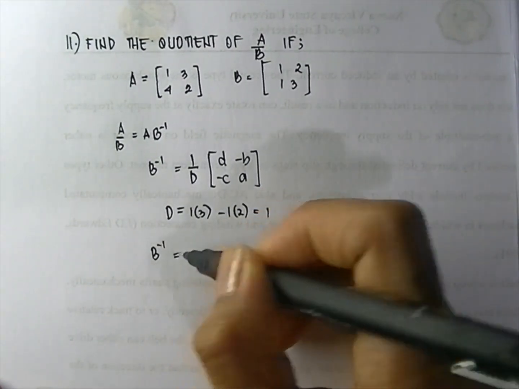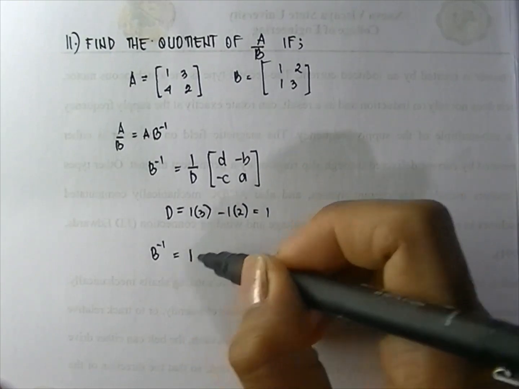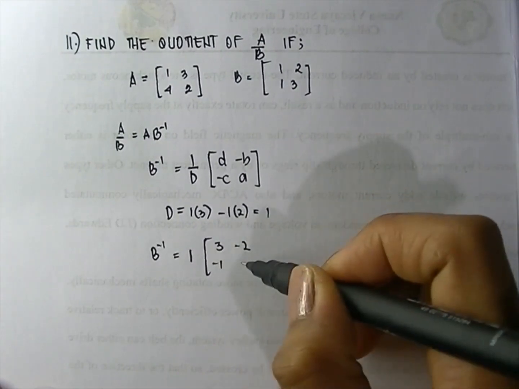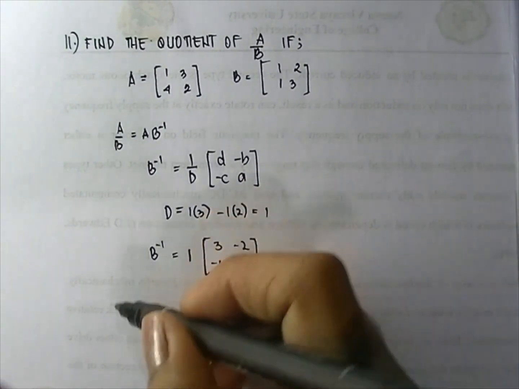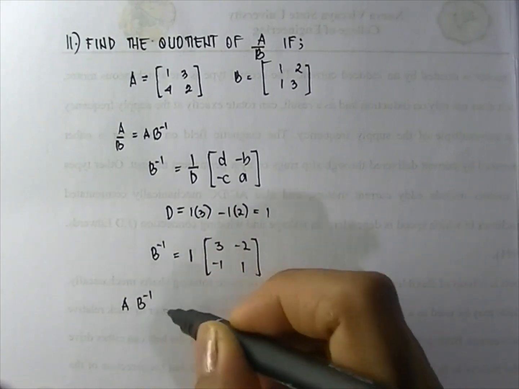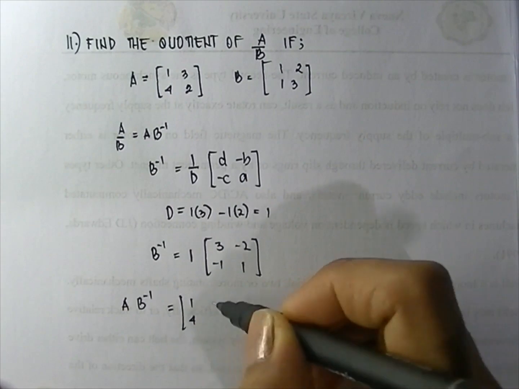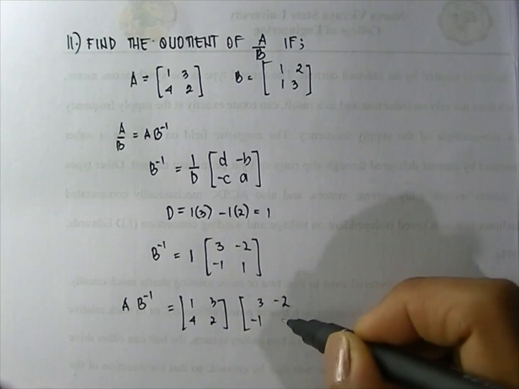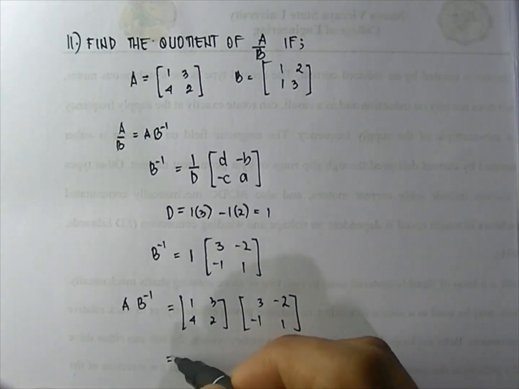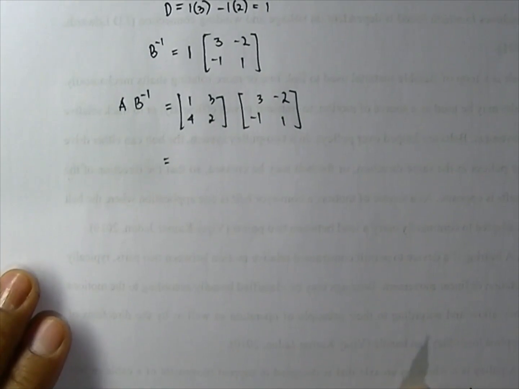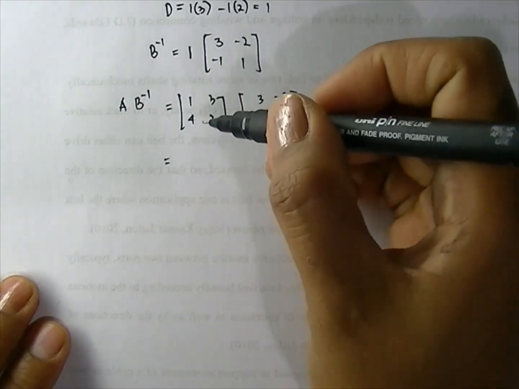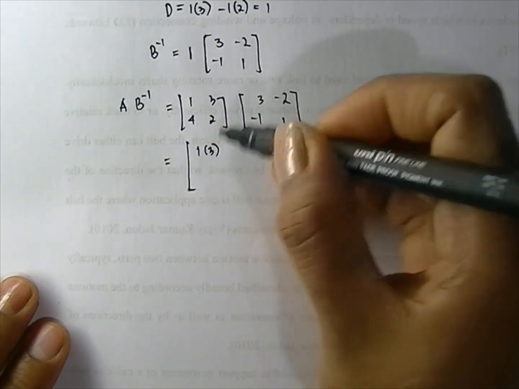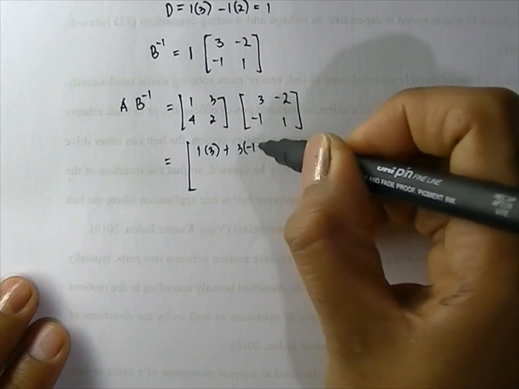And the inverse of B is equal to 1 times [3, negative 2; negative 1, 1]. So, A multiplied to the inverse of B is [1, 3; 4, 2] times [3, negative 2; negative 1, 1]. So, we have 1 times 3 plus 3 times negative 1, and 1 times negative 2 plus 3 times 1.